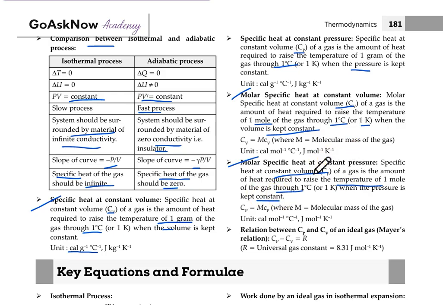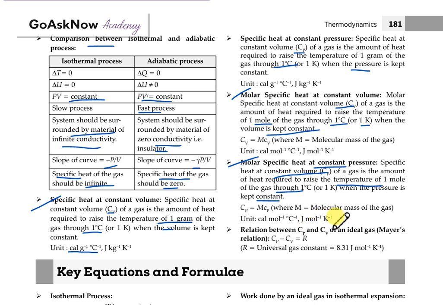Here it was 1 gram, but here it is 1 mole for the molar specific heat. As the word determines, it is for constant pressure, so the pressure will be constant over here. The equation will be Cp equals M times small c p, where M is the molecular mass of the gas. So here we have concluded the molar specific heat at constant pressure, and the unit will be calorie, mole inverse, degree Celsius inverse, and joule, mole inverse, Kelvin inverse.